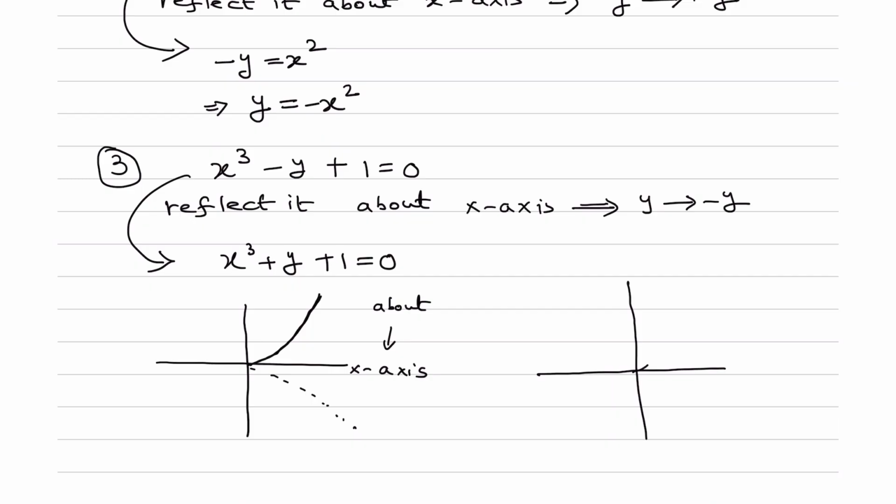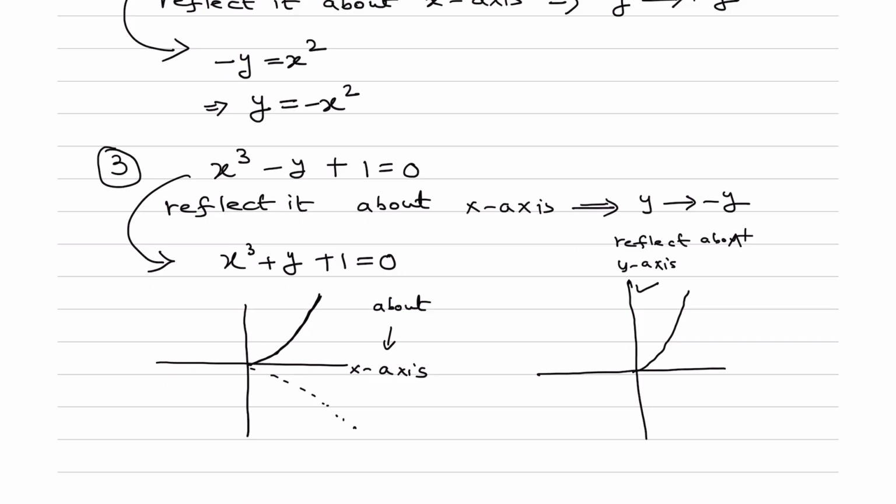So again we have this graph, and this time we want to reflect it about the y-axis. So reflection of this graph about the y-axis is this.